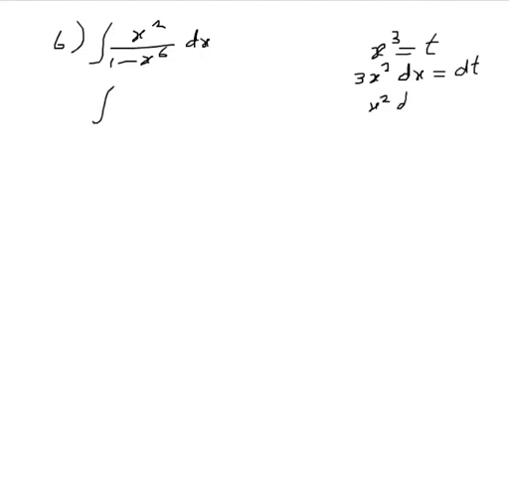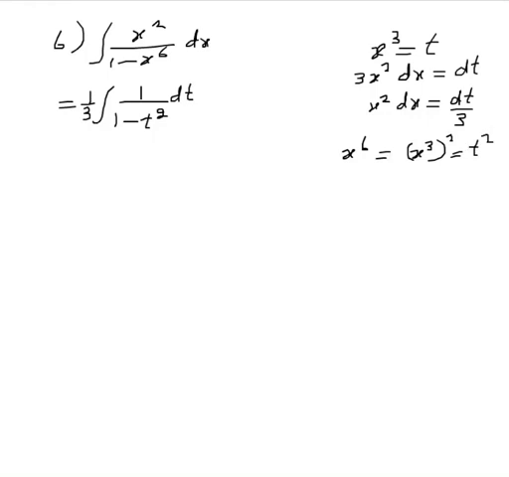Therefore, x square dx becomes dt divided by 3. And the denominator becomes t square. x power 6 can be written as x cube the whole square, which becomes t square.